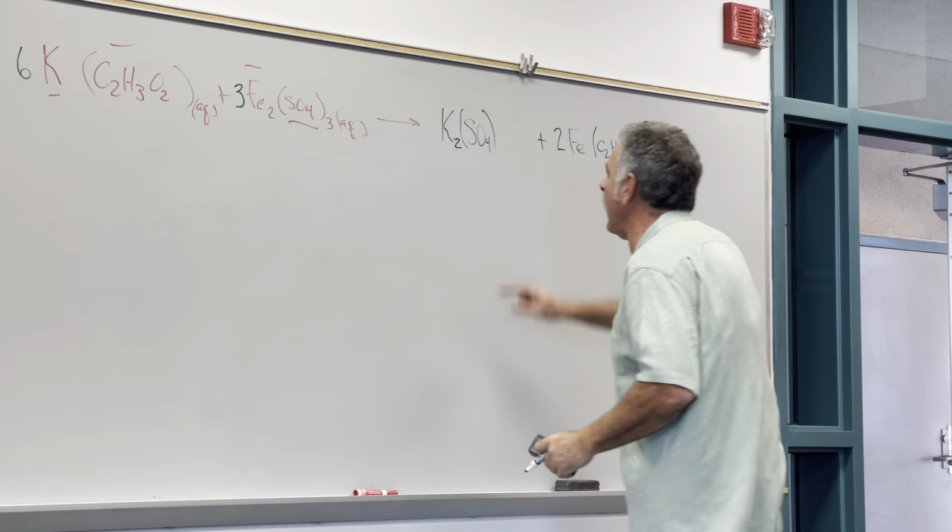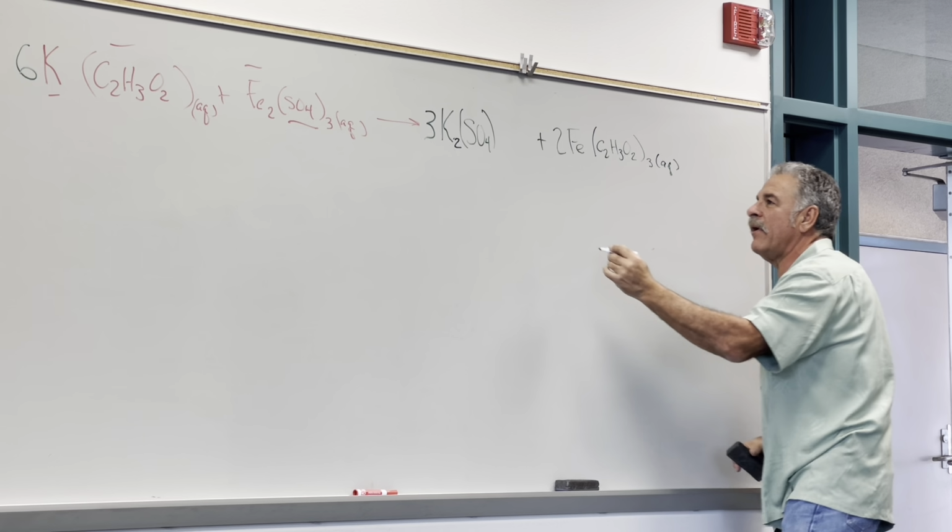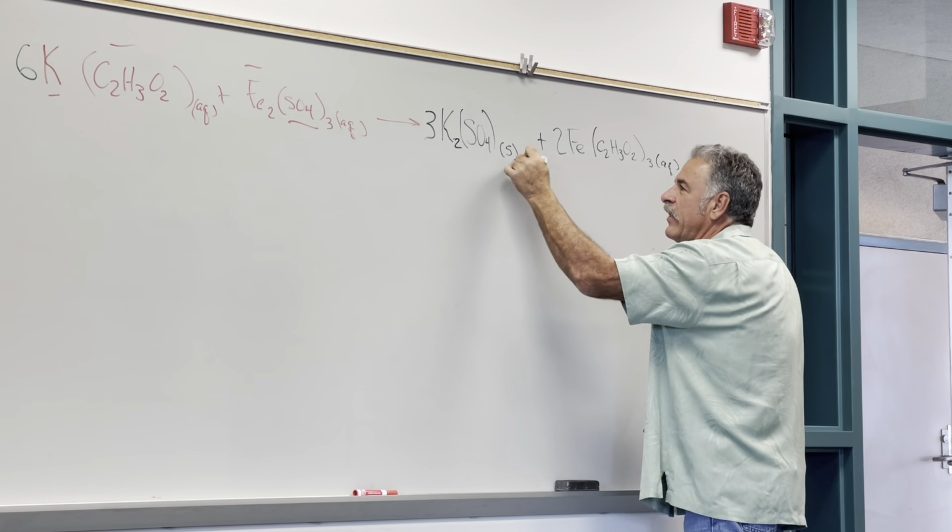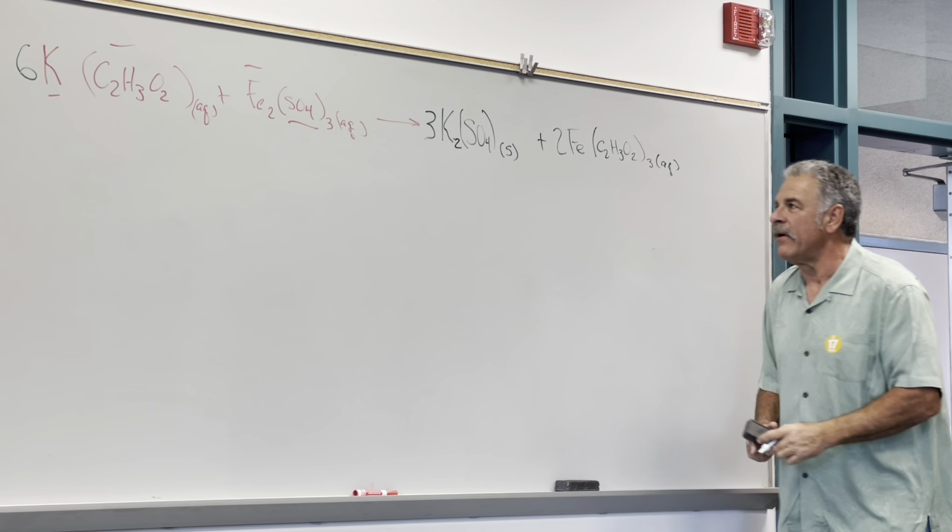All right? Now we have to look up which one of these is soluble. But I happen to remember all nitrates and all acetates are soluble, so that means this is the aqueous, and therefore this is the, but is it? We have to look on our chart, because I thought potassium compounds are, do we have our chart? Can anyone look that up and see if that's soluble?